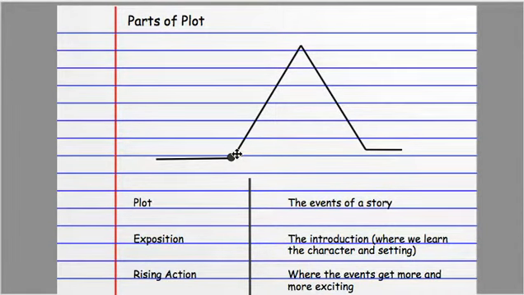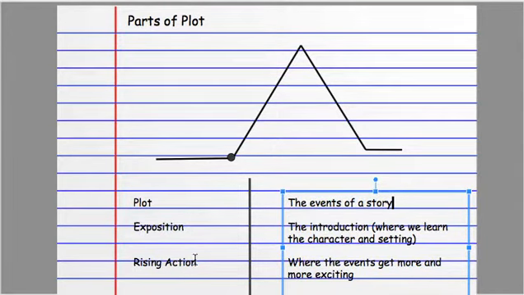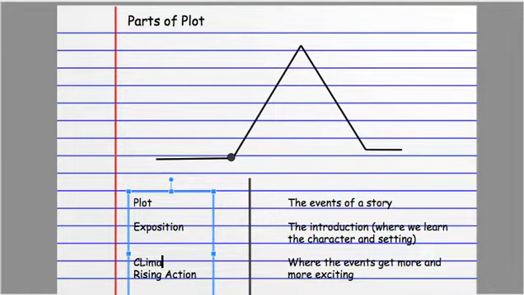Next part, you've got your rising action. This is where the events get more and more exciting. We won't forget about the conflict. I can even add that in over here. Let's see. Exposition, move all that up. And I'm going to add in conflict, sorry.